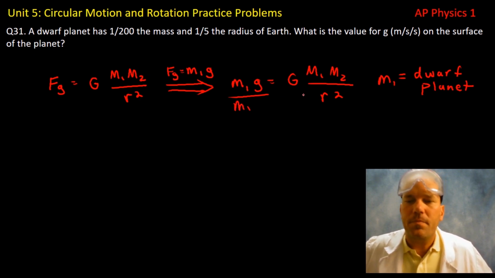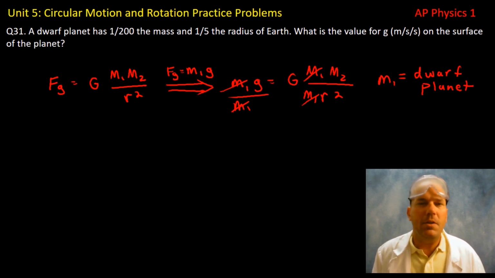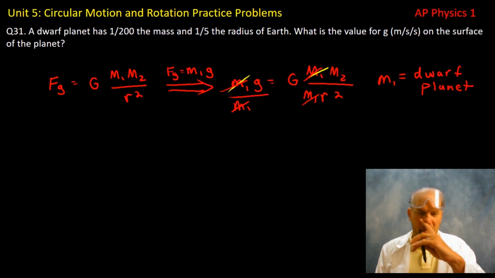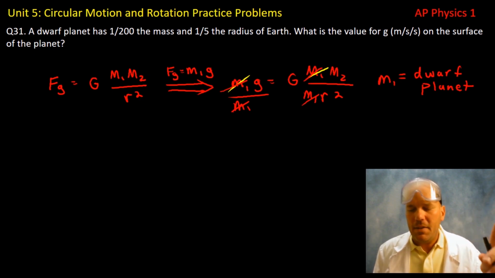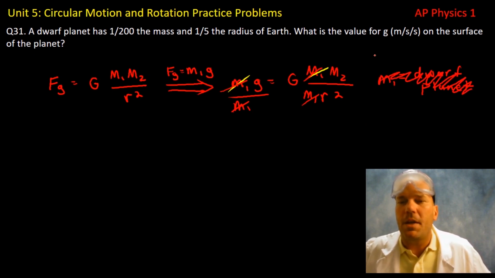Mass 1 cancels. So mass 1 being the mass of the dwarf planet, okay, that is incorrect. Mass 1 is not the mass of the dwarf planet.